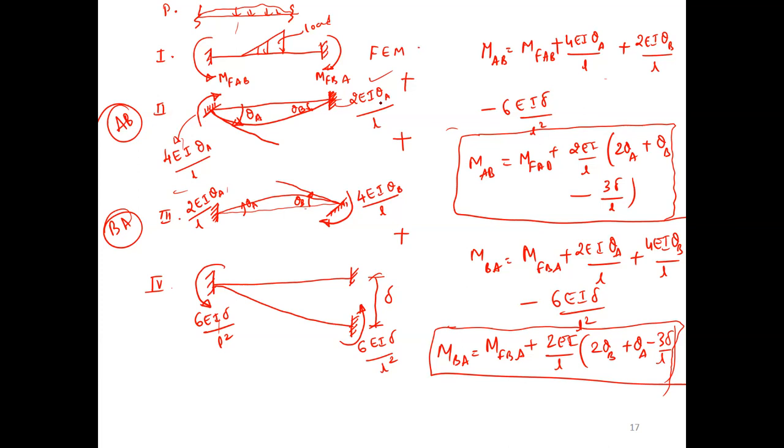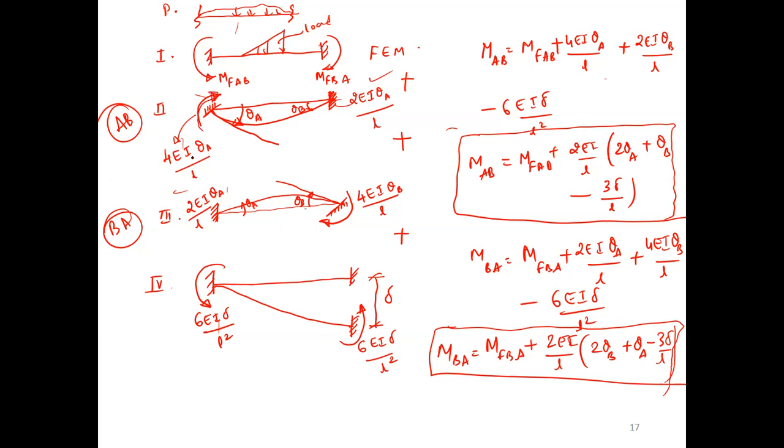What is the rotation contribution at the moment applied end? 4EI theta by L. So this is the thing. Generally, they will give figures sometimes. You have to match the following. You have to match the perfect things. When they are applying moment at that point, 4EI by L. See, here you are applying moment, rotation.